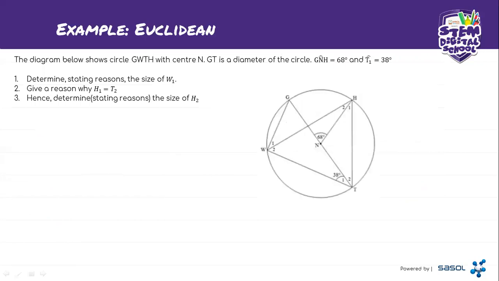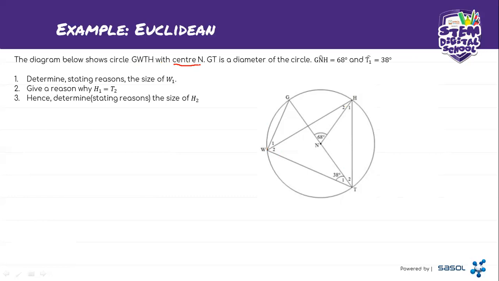We've got another one. Let's see on this one. The diagram below shows a circle GWTH with a center N. Now we have a center. So once you've got a center, you must think about three theorems.